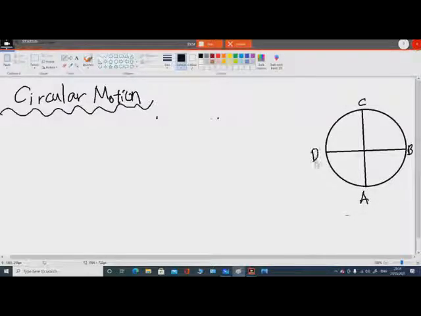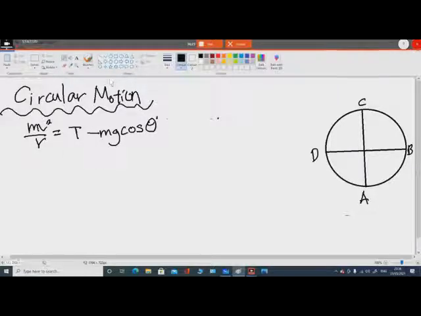As we mentioned just now, the resultant force or centripetal force is given as tension minus mg cos theta. So tension minus the weight component will naturally give us the centripetal force.